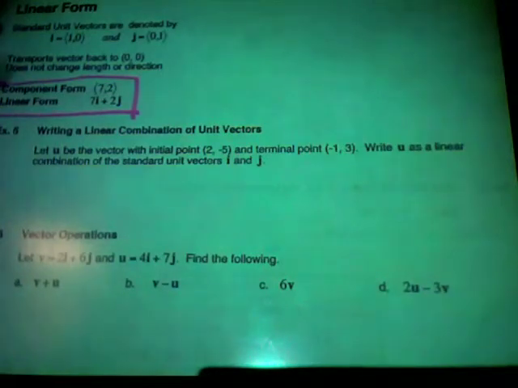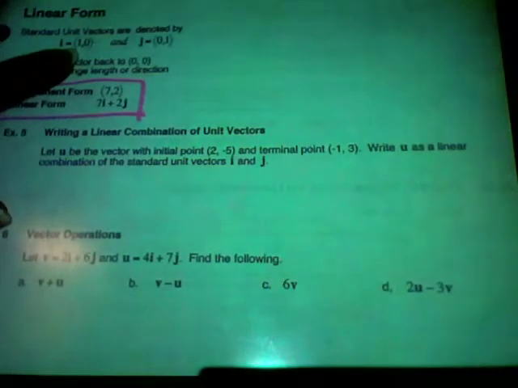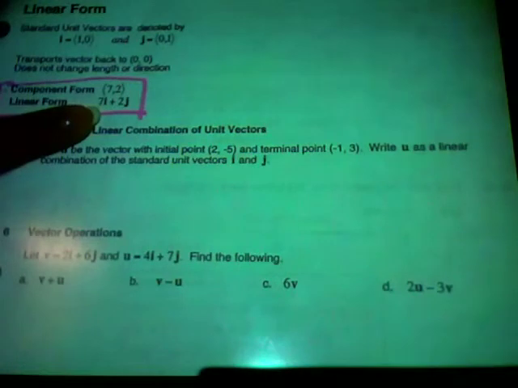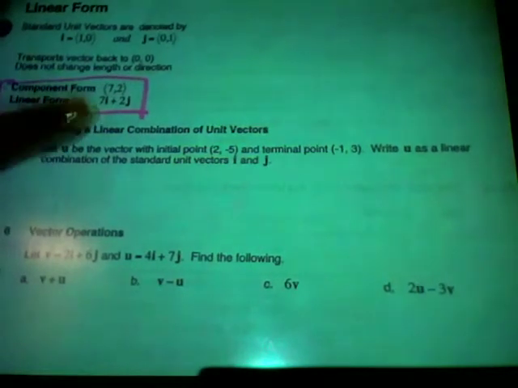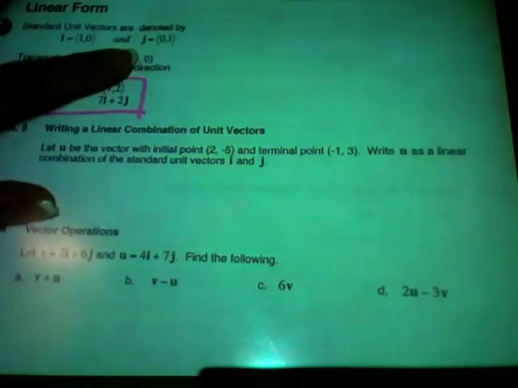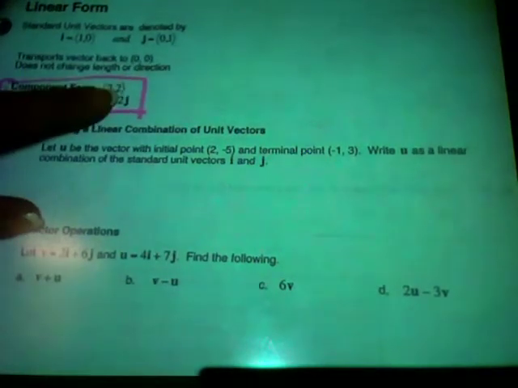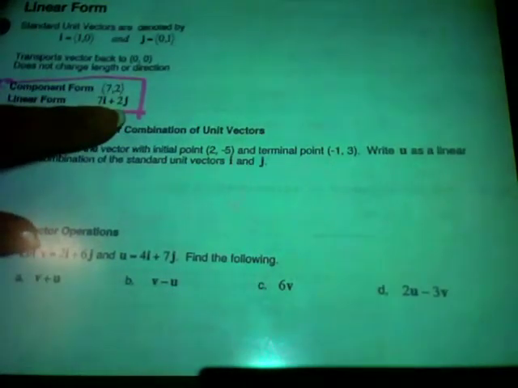Think of it this way. Isn't this on the x-axis? Isn't this i being attached to the x value of the component form of the vector? And isn't this one on the y-axis? And isn't this one being attached to the y value of the component vector?